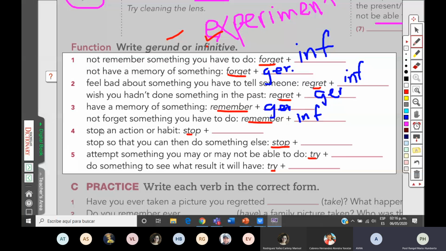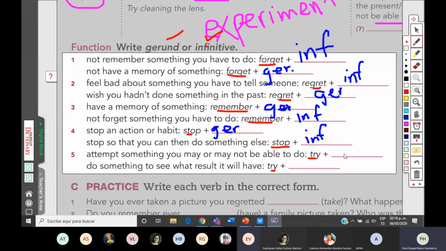It says you stop an action or a habit. So you stop. Gerund. Very good. You stop with gerund, you stop doing something. And if you stop so that you can then do something else, it goes with infinitive. And then we have to attempt something you may or may not be able to do, to see if you can.